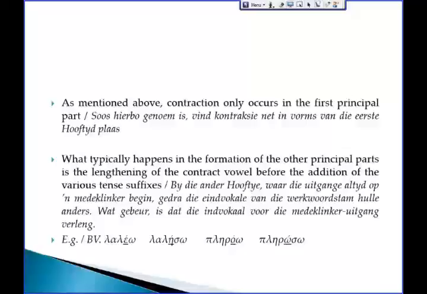Okay? But then we apply the same rule as we know it with the future, like lusuo. Another example is the omicron of plereuo. Look, it lengthens to an omega. But then the general rule of the suo, I only use the future indicative active here, but then it applies.